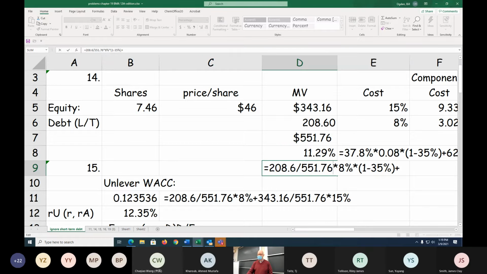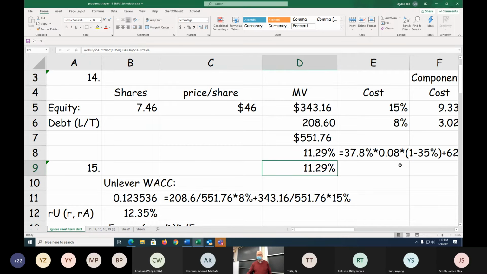There we go. Plus the equity divided by value, times the cost of the shares, and that would be the 15%.